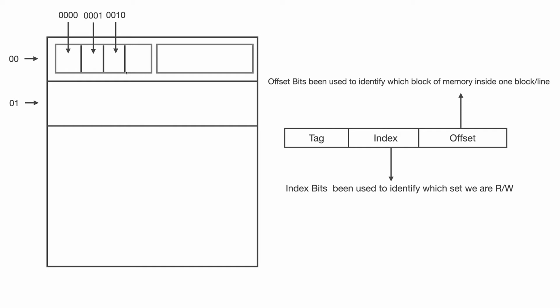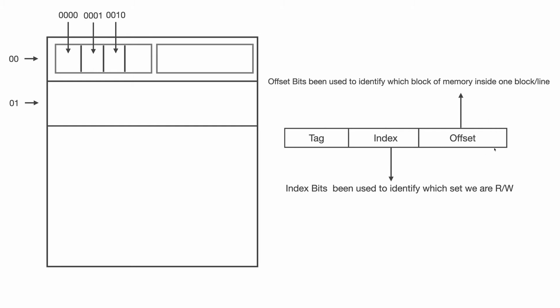When we find data, usually 1 byte of data, we need to go to that line. And usually one line, or we call it one block, has 10 bytes, 20 bytes. So which byte are we referring to? Then we need to use offset bits to find: okay, this is the set, this is the byte, this is the data that I want to access.